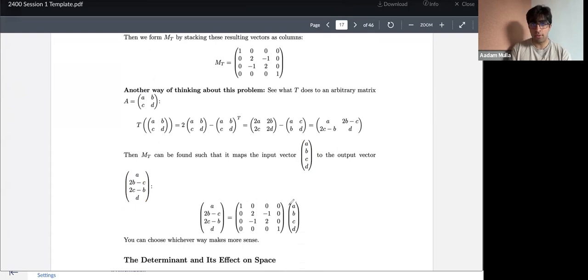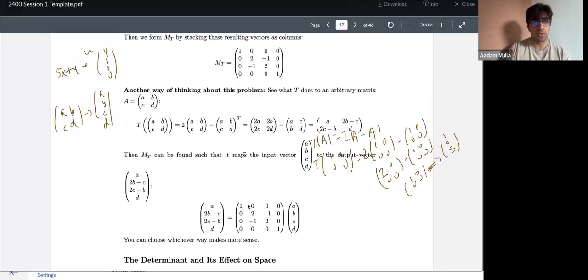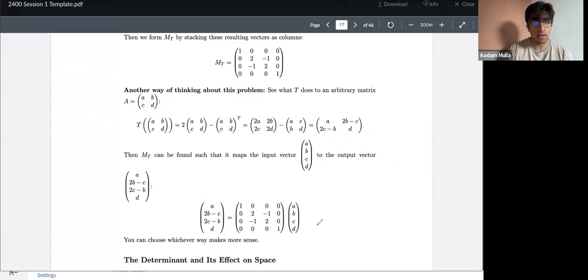You're starting with a vector here, and you want to turn it into this vector here, and you fill in the matrix here to make that work. This is a good way of checking your work, but basically, let's say we didn't know, this row times this column would have to equal A, right? So the only way for that is to take 1 of A and take 0 of everything else. And just like that, you fill in the matrix. You'll get the same answer.